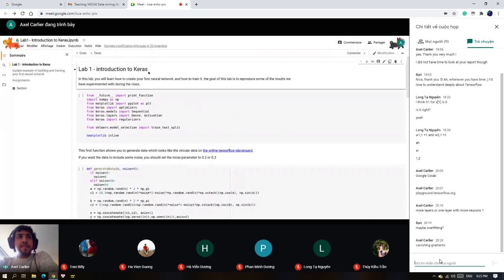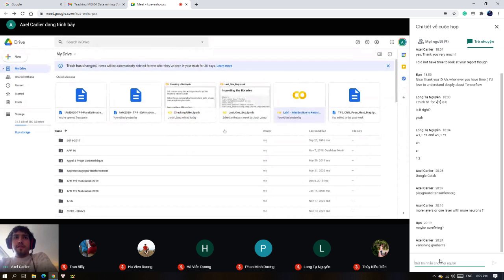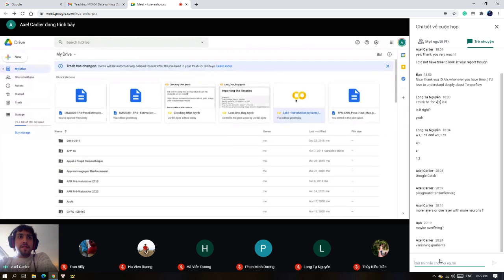In order to see this, you should take the notebook I sent you by email and put it in your Google Drive. This is your Google Drive. I hope it looks like this.